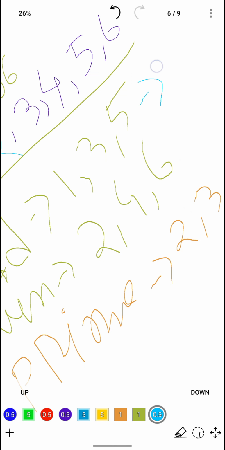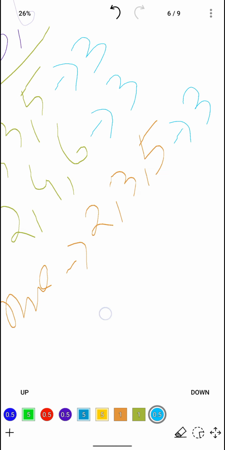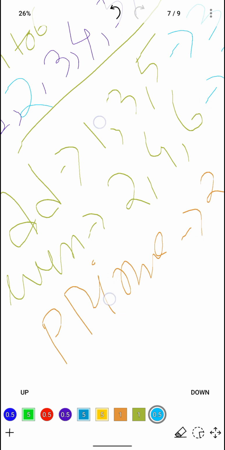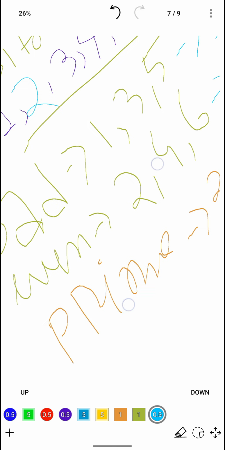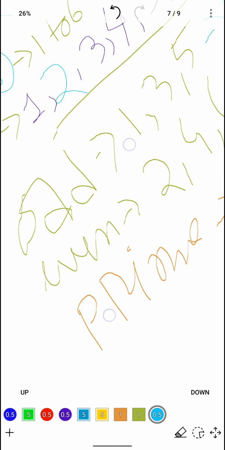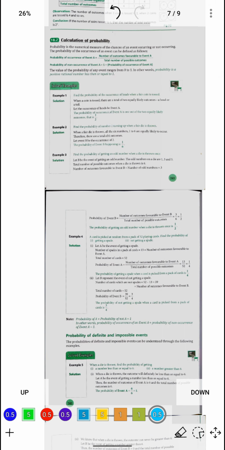So there are 3 odd numbers on a die, 3 even numbers and 3 prime numbers. Done? You may note it down for your better understanding of the subsequent examples.